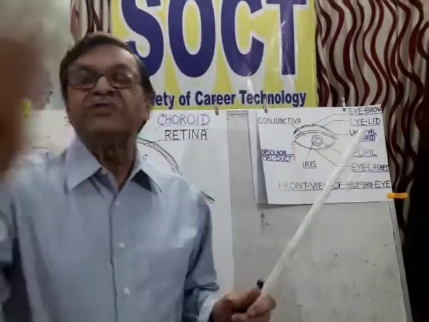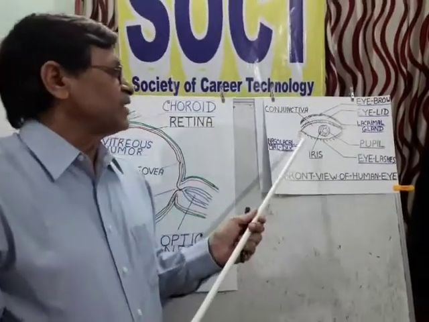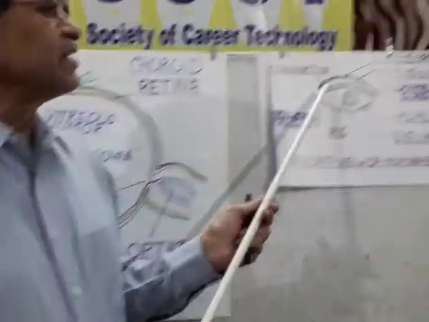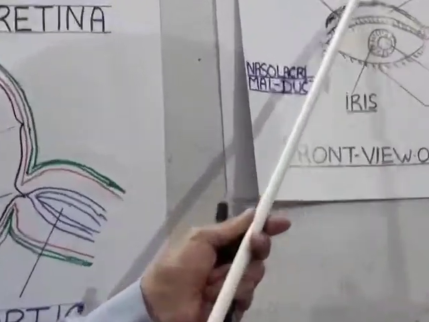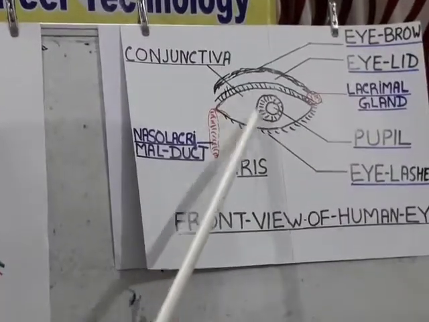So when we observe from the front view, you can see that the eyes are covered by an eyebrow, then an upper eyelid and a lower eyelid. Both eyelids have eyelashes.